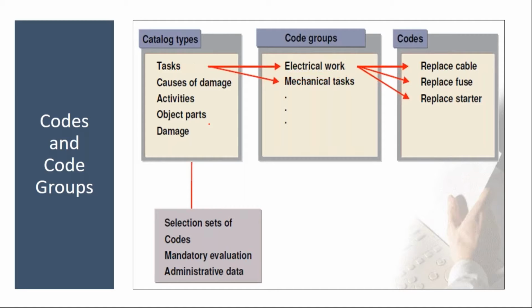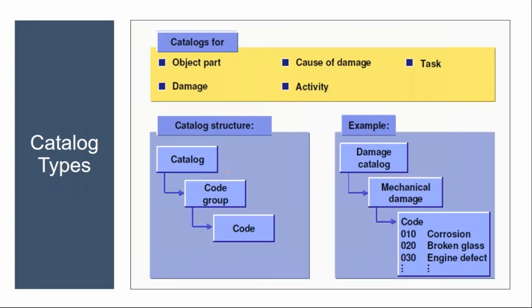When the user creates a notification, he will get this list, and from this list he will select. Instead of entering manually, you give a predefined list to the user from which he will select. So for the user, it becomes very easy and convenient to enter the information, and once you have this, it becomes very easy to analyze the data in the system.